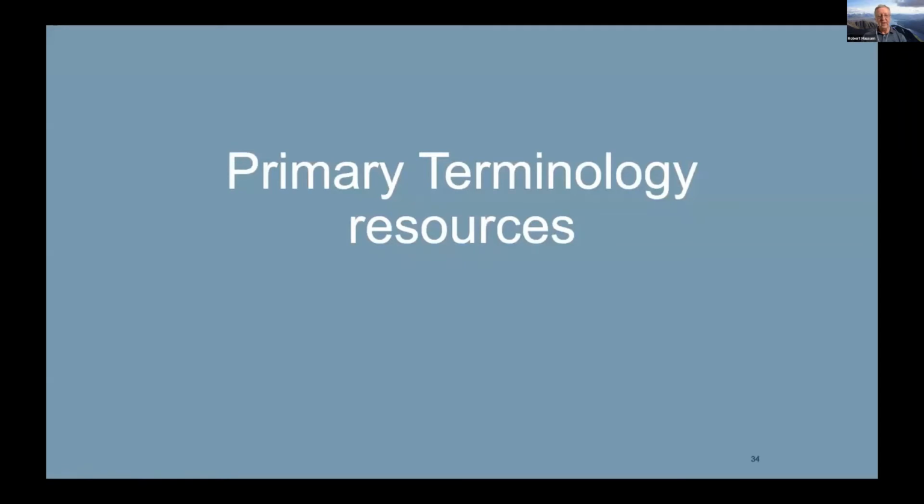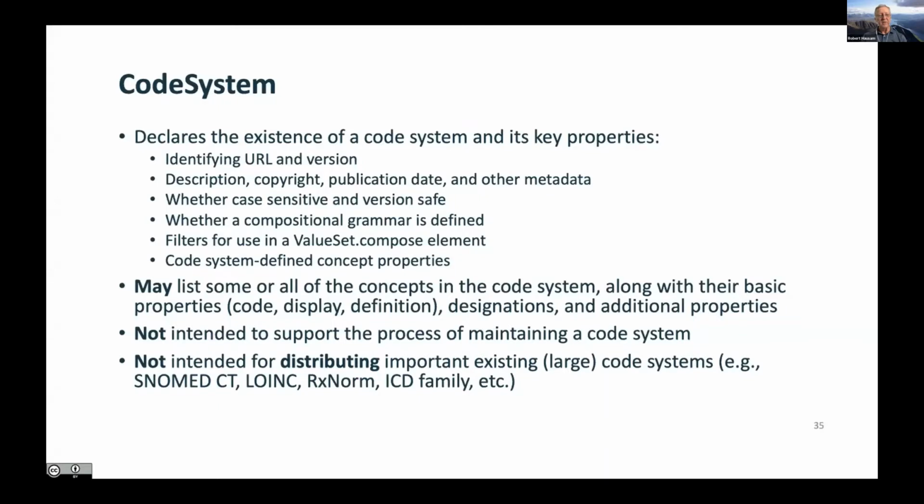All right, let's look in a little more detail at the resources. We've talked about some already a bit. The CodeSystem resource is the place to start, and it might not be exactly what everybody might first think about in the FHIR context. Its real main purpose is to declare the existence of a code system and its important properties.